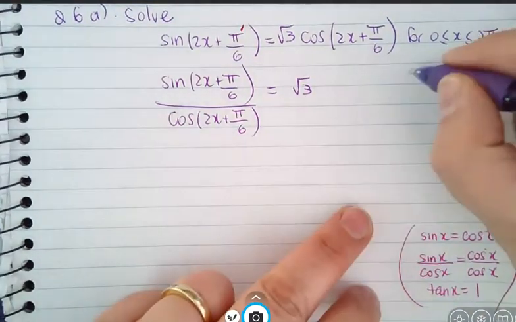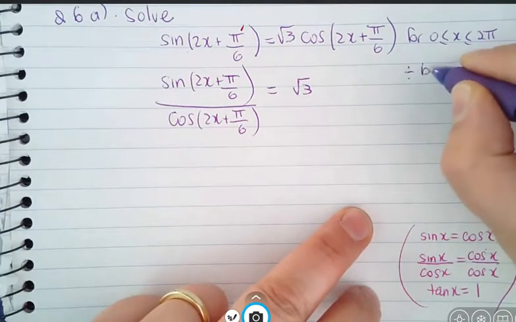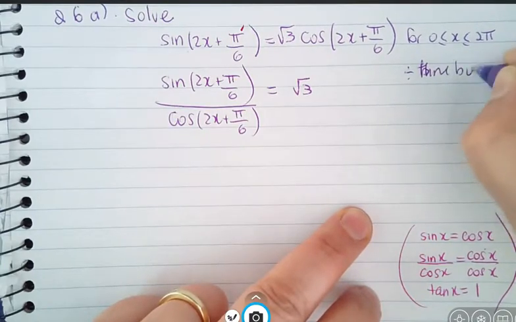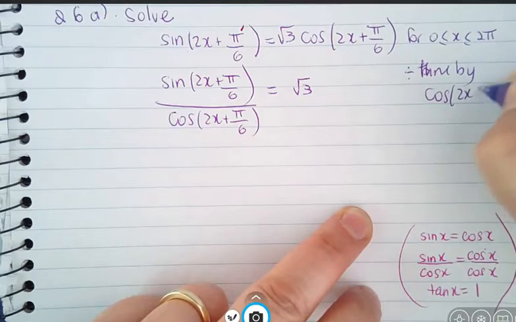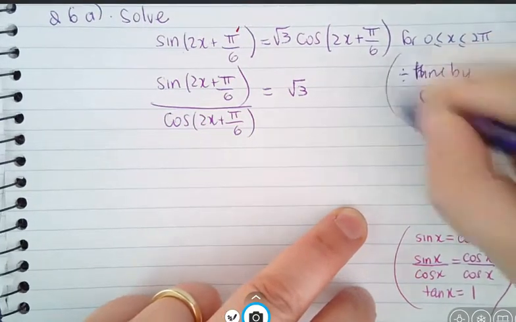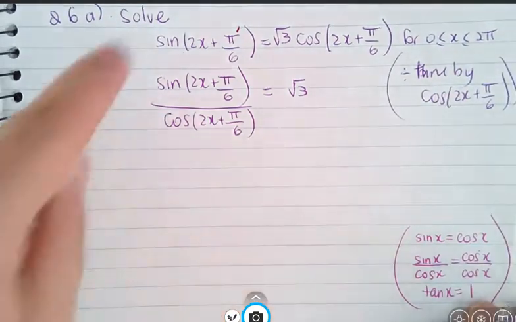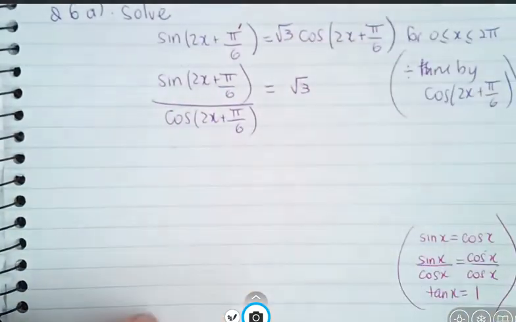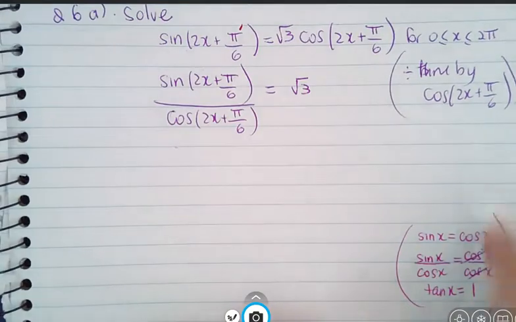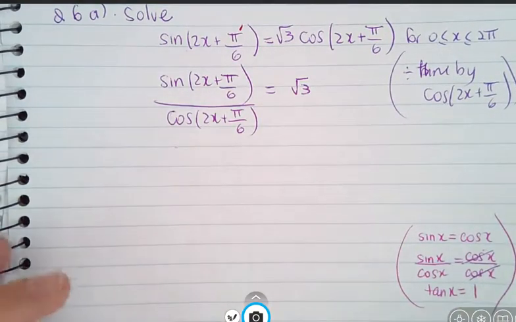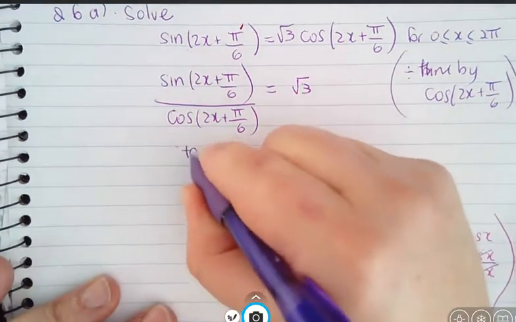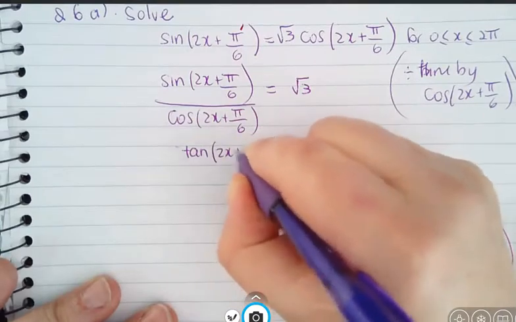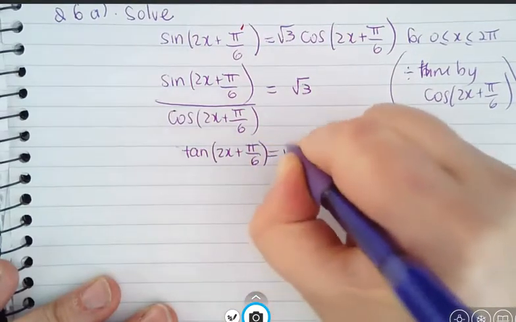If I divide this by cos, the coses cancel, so it's what I've done over here. Now, sine on cos, the question just becomes tan of 2x plus pi on 6 equals root 3.